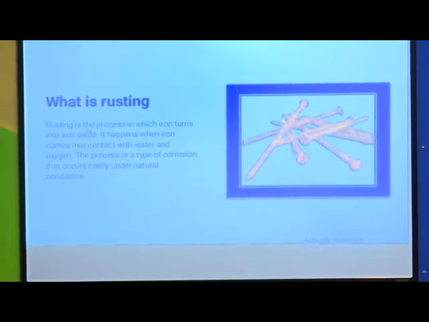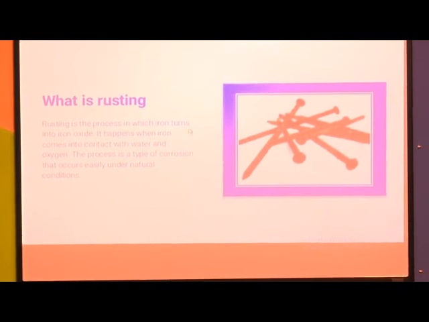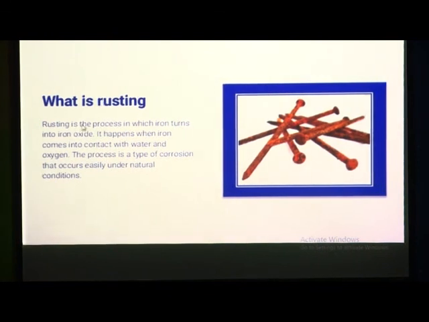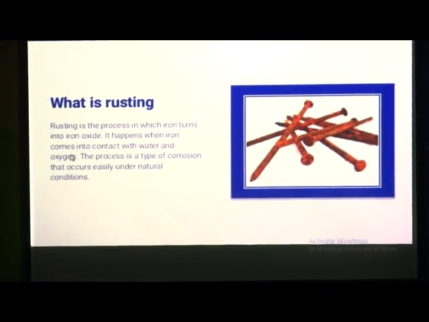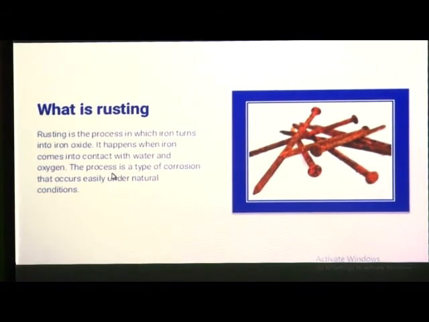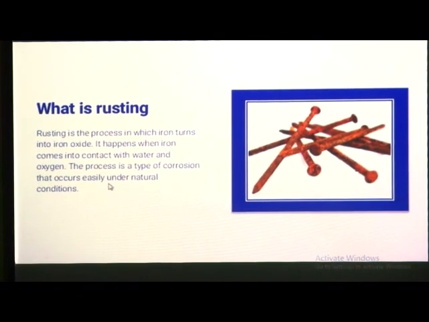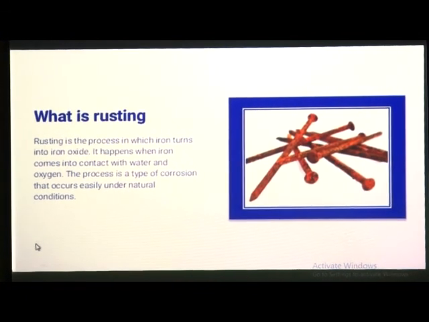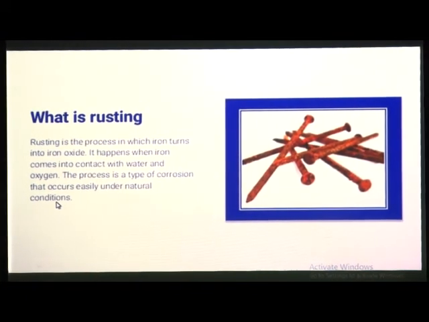Rusting is the process in which iron turns into iron oxide. It happens when iron comes into contact with water and oxygen. The process is a type of corrosion that occurs easily under natural conditions. So I told you what is meant by rusting.